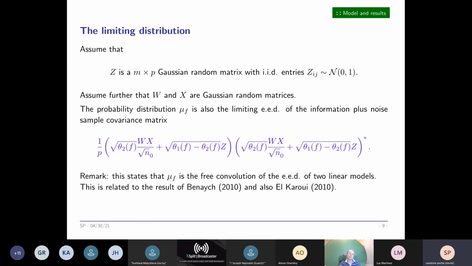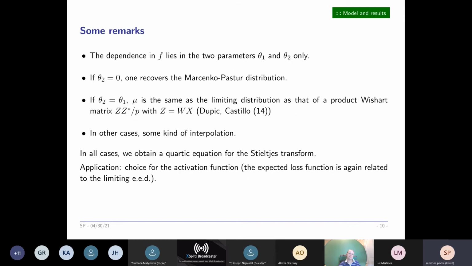And this is related also to a result of Florent Benaych-Georges, and in the same spirit as that of El Karoui and Cheng-Singer. Okay. Can we change the slides, please?